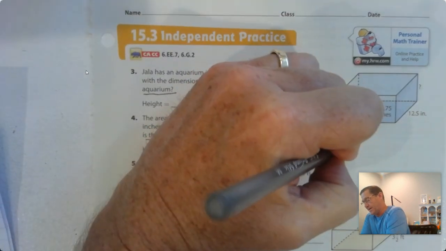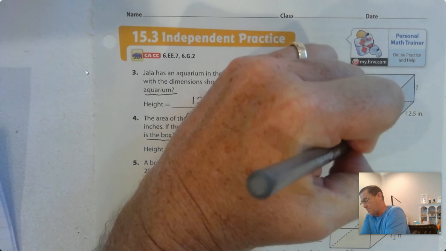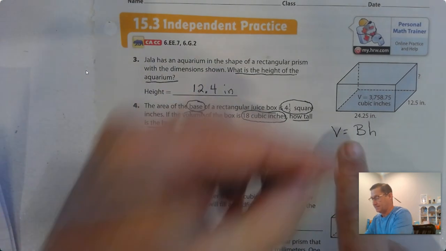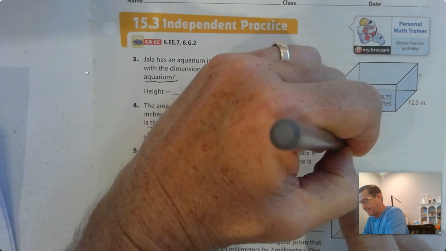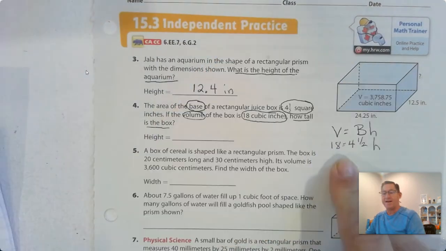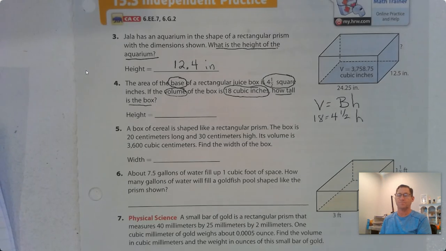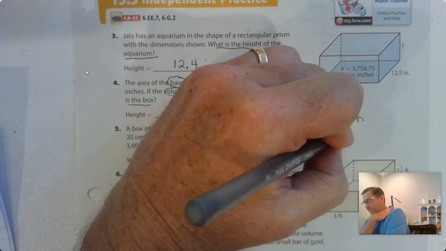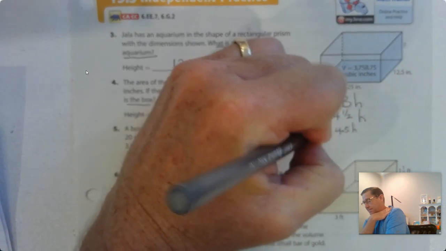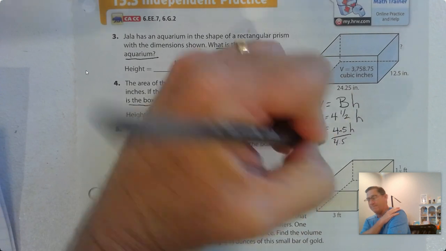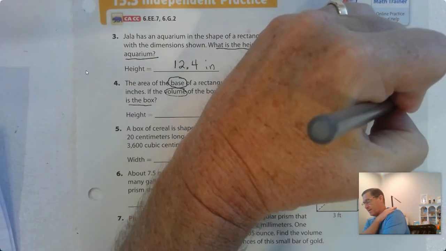So we're basically looking at volume equals base times height in this problem. They're telling us the volume is 18, the base is 4.5 times h. So divide both sides by 4.5 to isolate the variable.